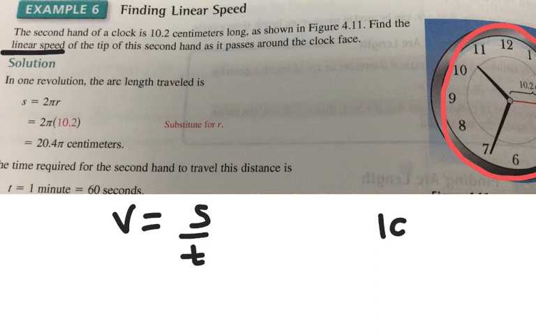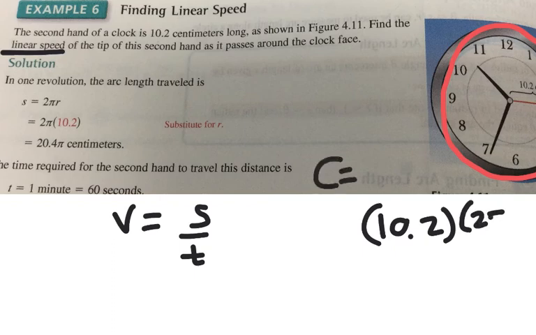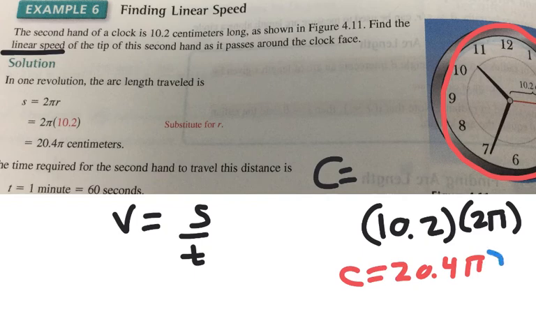That circle has radius 10.2, and the circumference is found by multiplying the radius times 2 pi. Right? 2 pi r. So to find what's in red, I'm going to multiply 10.2 times 2 pi, which means the circumference here is 20.4 pi centimeters. So this is my arc length. This is my S. So I plug that in here.